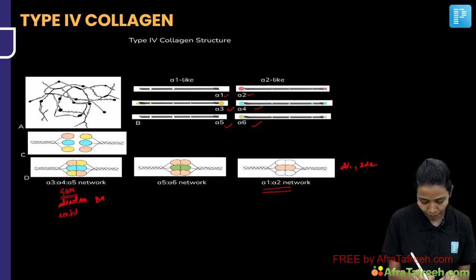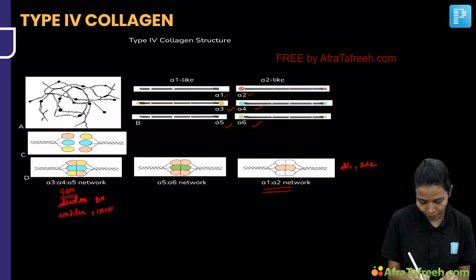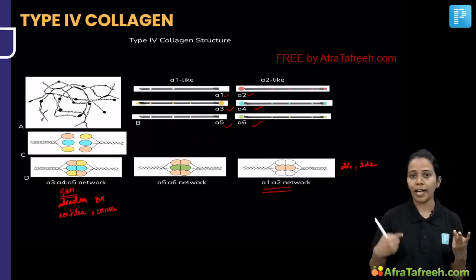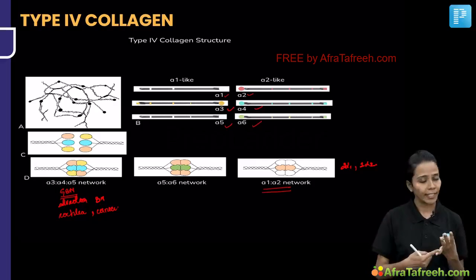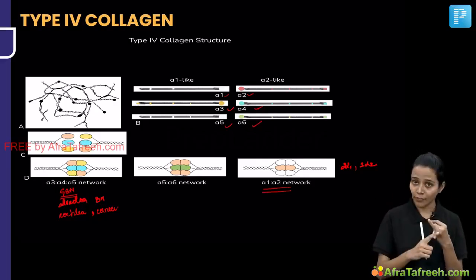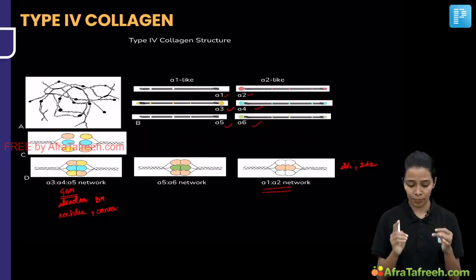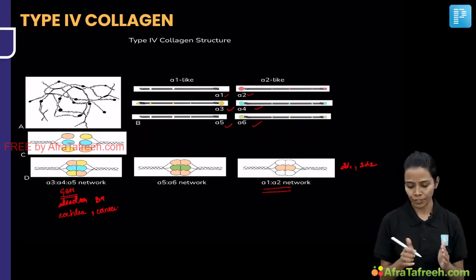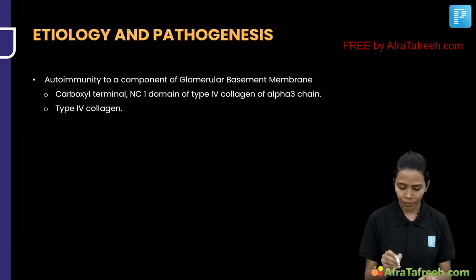It can be found in the cochlea. It's also found sometimes in the cornea. Okay. So, cornea, cochlea, alveolar basement membrane and kidney. So, that is why there is alveolar involvement in Anti GBM disease because of this type of alpha chain that is there in the type 4 collagen. Okay. Now, coming back to this slide.